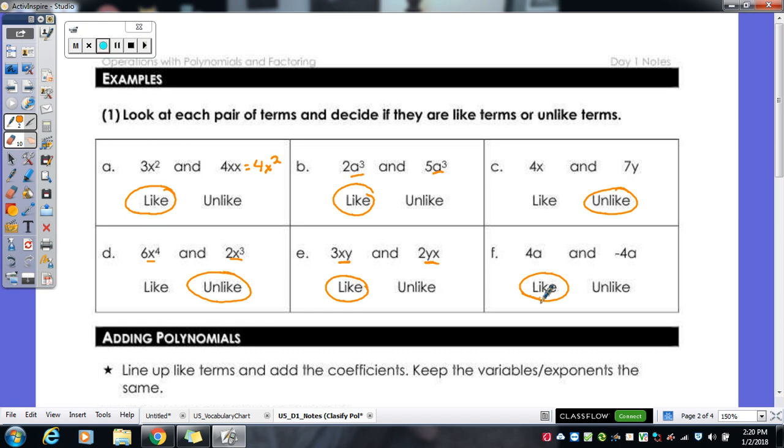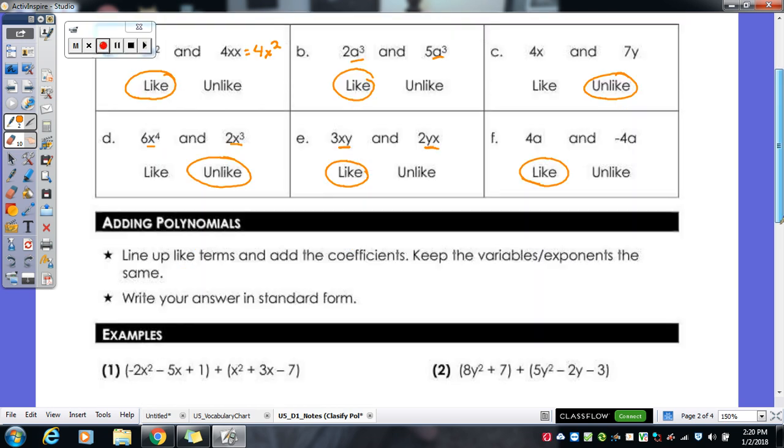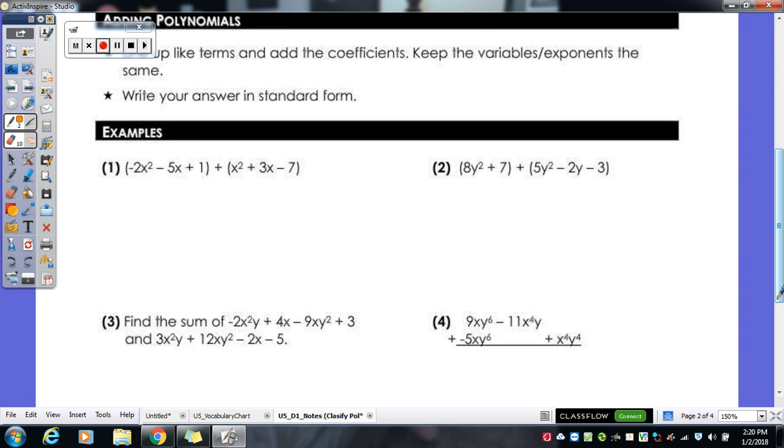So being able to tell if things are like terms or unlike terms is going to help us with our next two parts, the adding and subtracting of polynomials. So when you're adding and subtracting polynomials, there's a few different ways you can do it, and I'll show you both different ways, and then you can decide which one you want to do. One way is to line up your like terms. So here we have polynomial number 1.